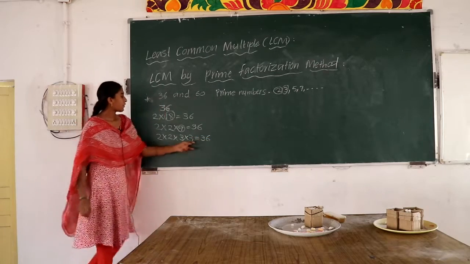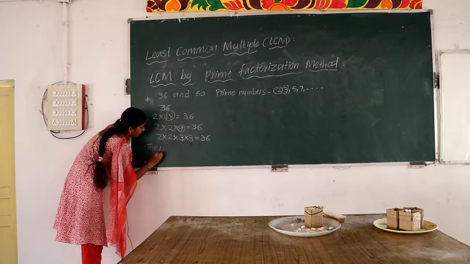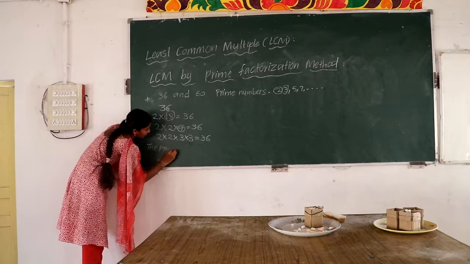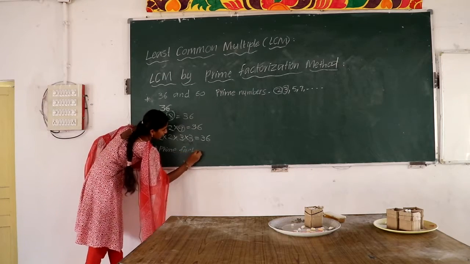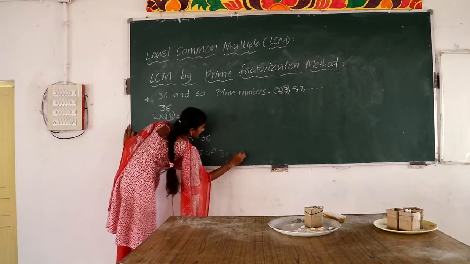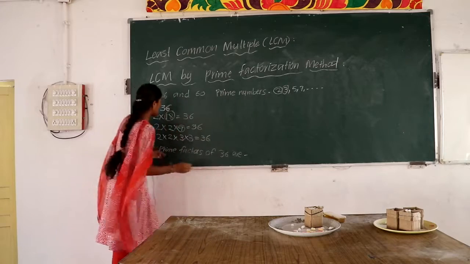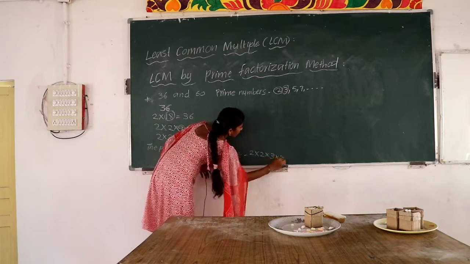These are the prime factors of 36. The prime factors of 36 are 2, 2, 3, 3.